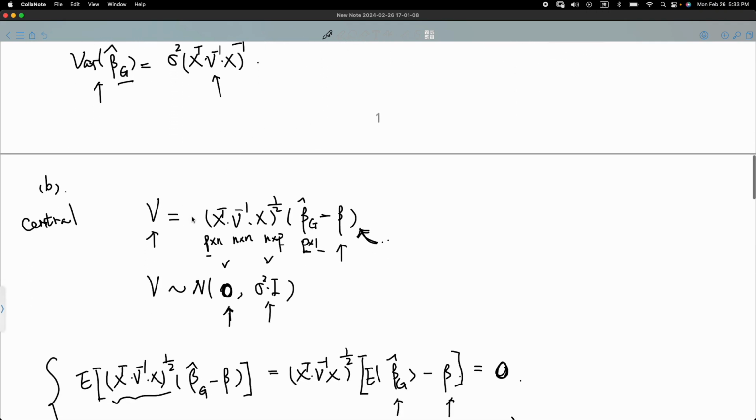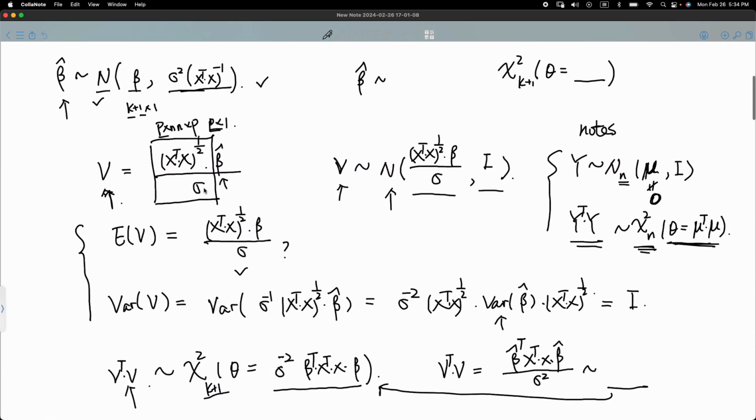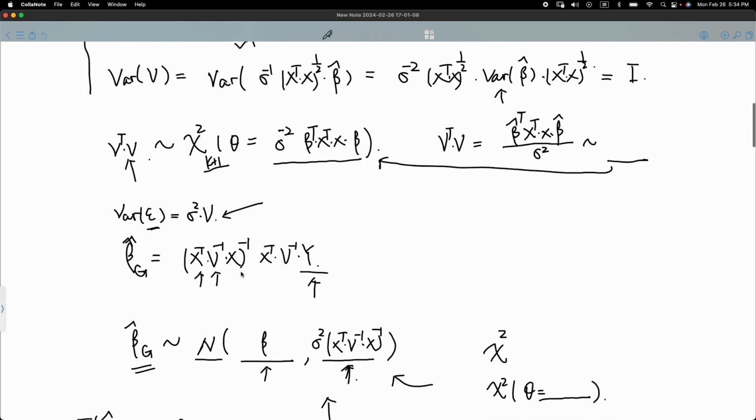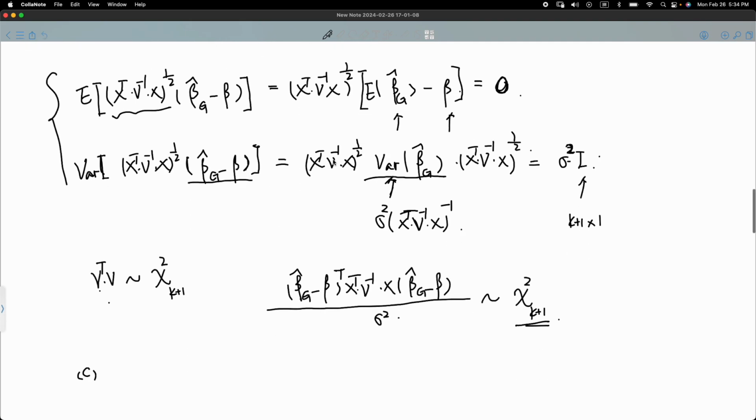There should be a sigma inverse. So when you look at the solution after you submit the homework, just notice there's a sigma inverse here. This is similar to what we get here. So for all the transformations, you need to standardize the variance. That's why you need a sigma inverse there. So that's what is missing in the solution. No wonder, okay.